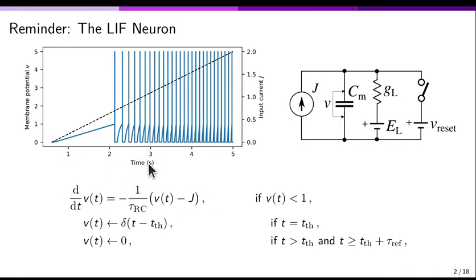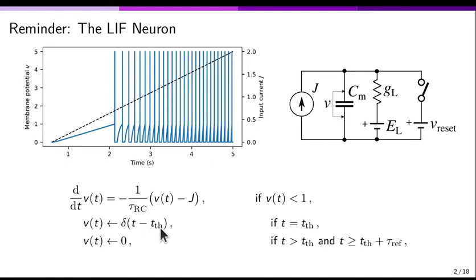Our general formula for simulating this is: if the voltage is below 1, then the change in voltage is related to the difference between the current voltage and our input, scaled by the time constant. That tells us how the voltage is going to change.